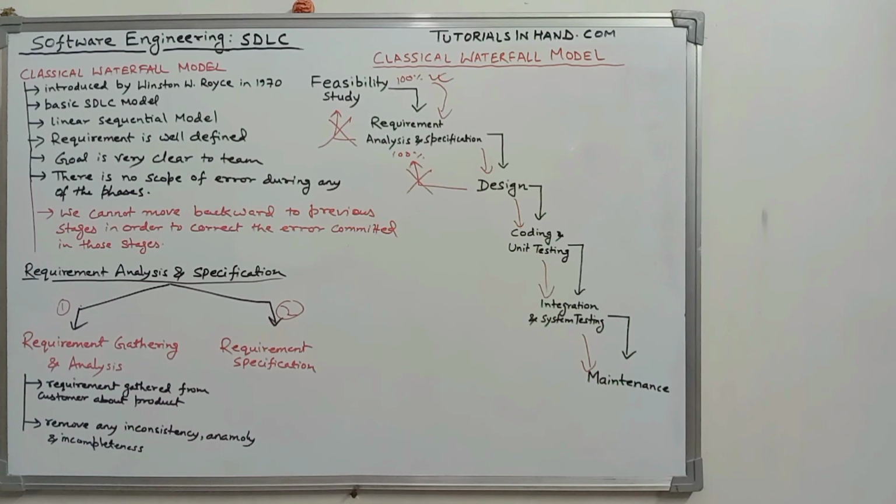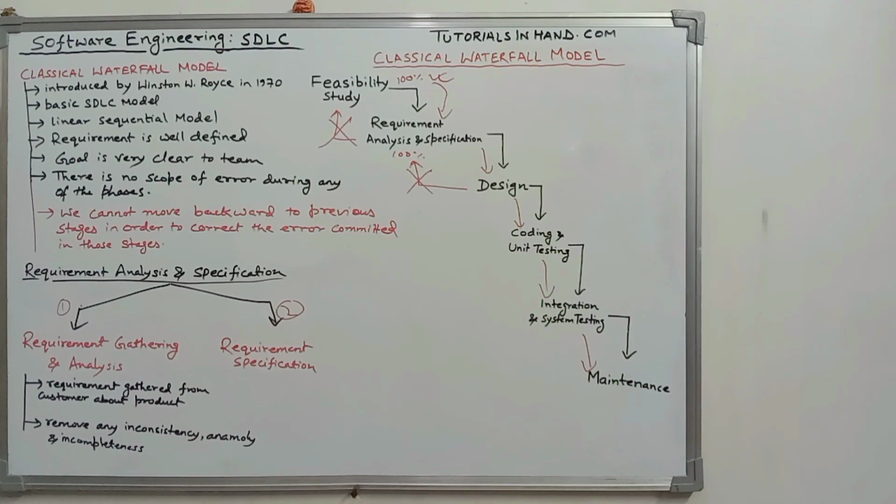All the talks happen between the customer and the development team or the management team, and after everything is talked about, during the requirement analysis they try to remove any inconsistency, confusion, anomalies and incompleteness.